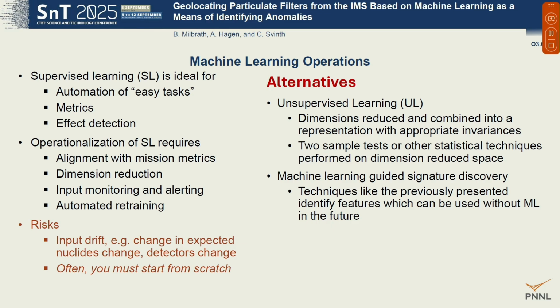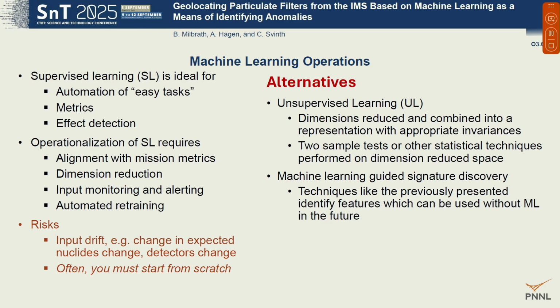Dimension reduction would help because of this issue with different channels for different detector types. And an important thing is you have to figure out how you're going to retrain if you use supervised learning, because if something substantial changes, like a new detector, you basically have to start over with supervised learning.